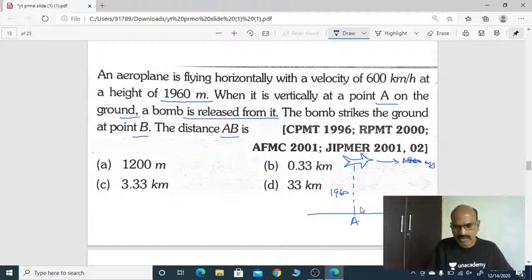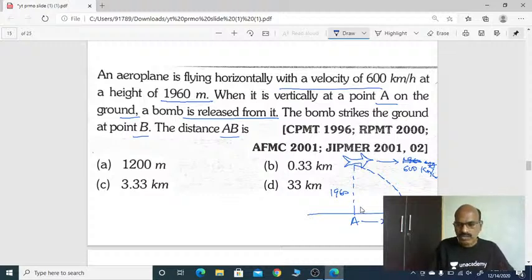Horizontally it is flying with the velocity 600 km per hour. The aeroplane is at a height of 1960 meter above the ground at point A. A bomb is released. So it follows projectile motion, and we know that it strikes at B. What is the distance of AB? This is the only question now.